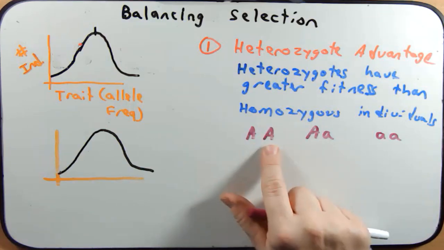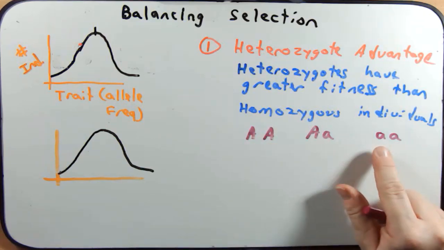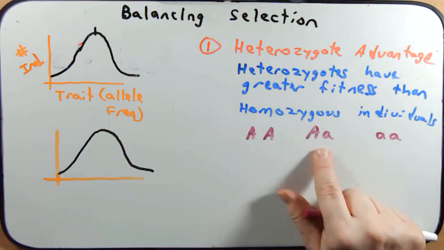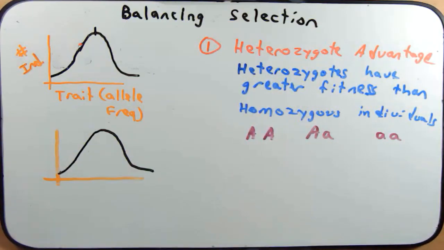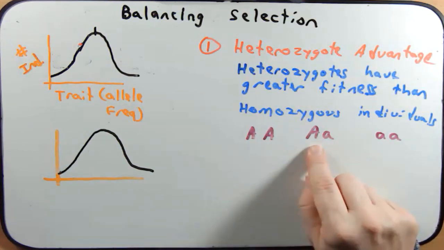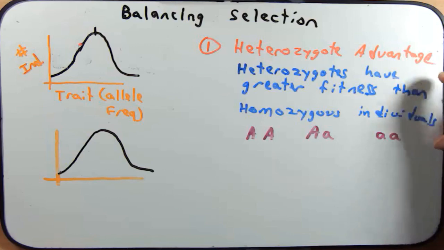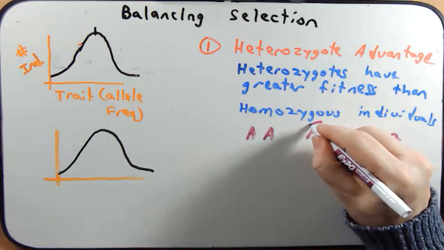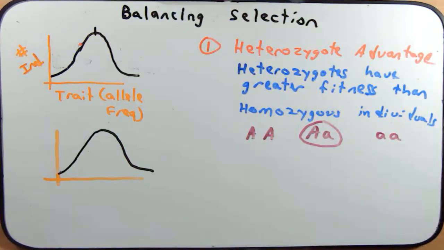So big A, big A is homozygous, little a, little a are also homozygous. Big A, little a: hetero means different. So they have different alleles, big A, little a. So these would be heterozygous individuals. So what we're saying about heterozygous advantage is that for some reason, heterozygotes have some sort of fitness advantage over these two extremes, these two homozygous individuals.